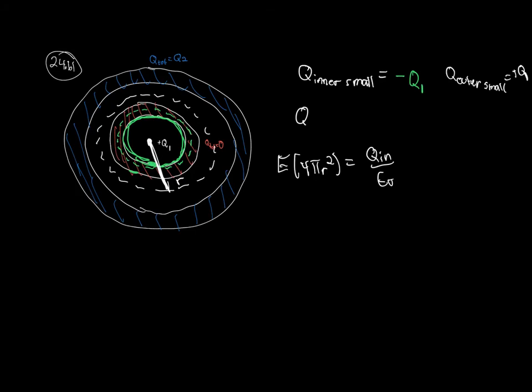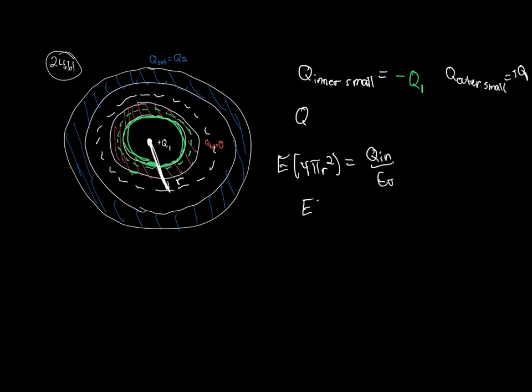Let's add up all my charges. I've got a positive Q1 right at the middle, plus the amount of charge that's on the inner surface of the shell. How much charge is that? Negative Q1. So that cancels out to 0. Then I go to the outer surface of the inner shell. That's positive Q1. And then I reach my surface. So there's positive Q1 enclosed.